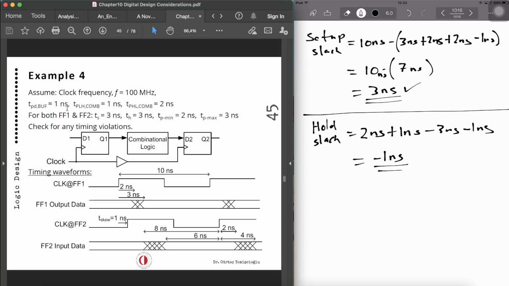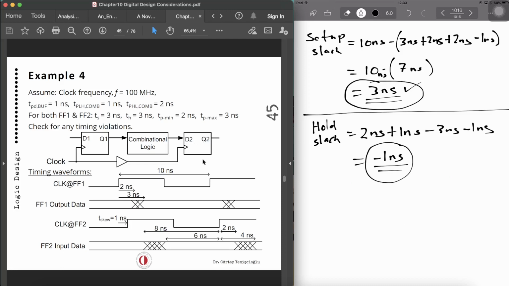So how do we make this design work? The setup slack is positive, but the hold slack is negative. Now we have got 2 ways of doing this. As we have got enough setup margin, we can actually push out the data from flip-flop 1 by 1 nanosecond, because if we delay this by 1 nanosecond, it will arrive 1 nanosecond later to here.